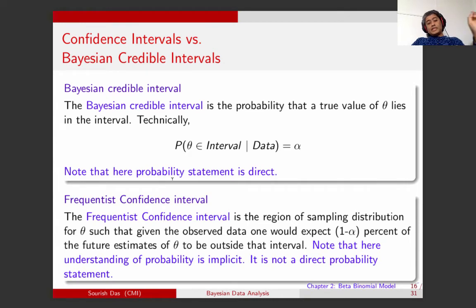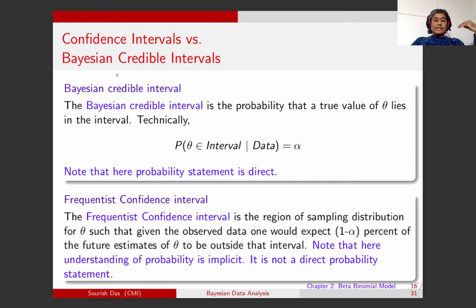Whereas the frequentist confidence interval is the region of the sampling distribution of theta such that, given the observed data, one would expect about 1 minus alpha percent of the future estimates of theta to be outside that interval. Note that here the understanding of probability is implicit. It is not a direct probability statement.